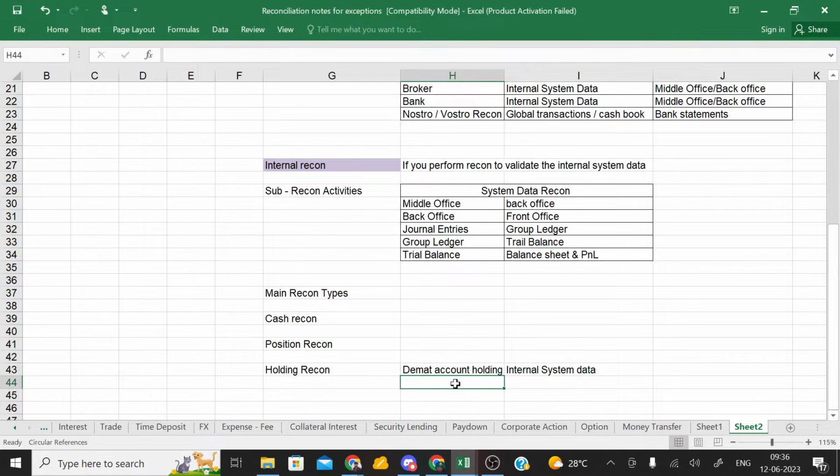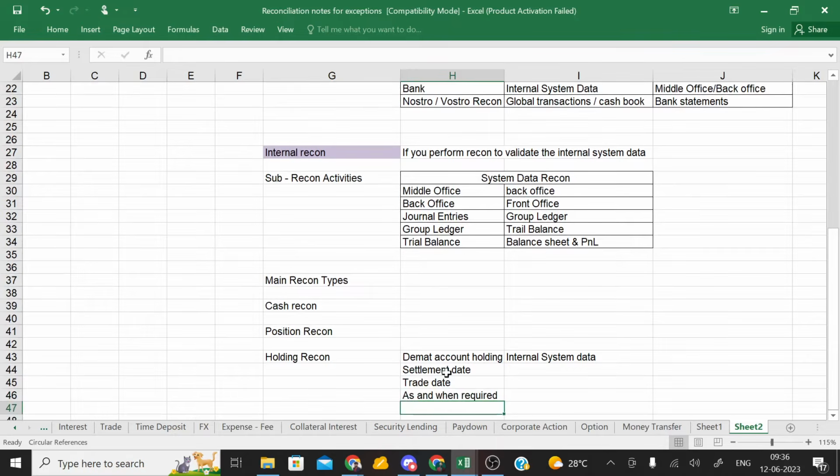Basically this activity we perform on settlement date basis, and even trade date also, trade date of securities, and as and when required. So that depends.